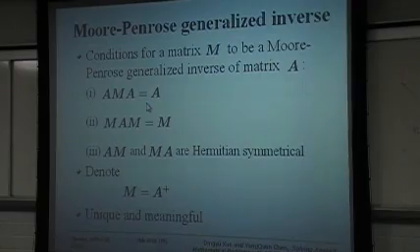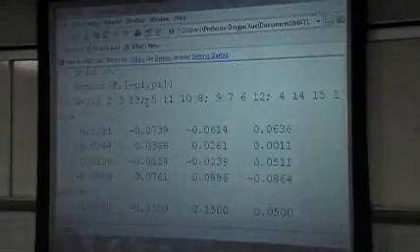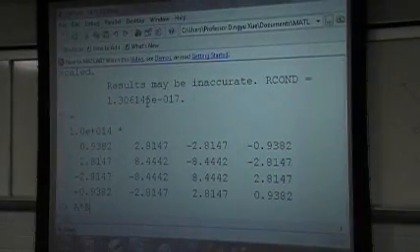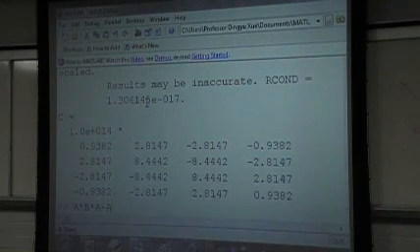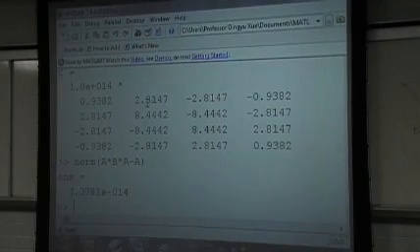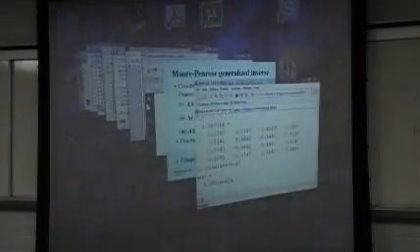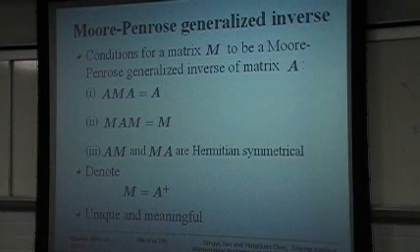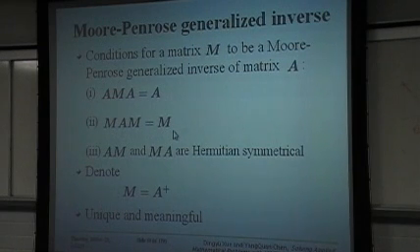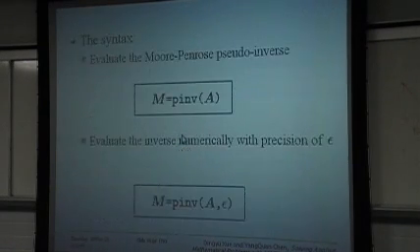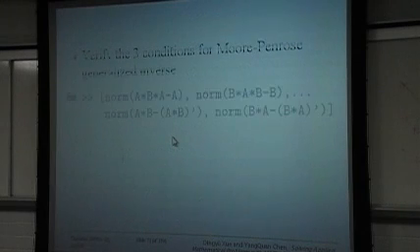For instance, A times B times A minus A, and then we can take the norm of it. We may see that the error is very small. So if we check the three conditions in this way, we will find that all three conditions are satisfied. So this is the pseudo-inverse of the matrix.